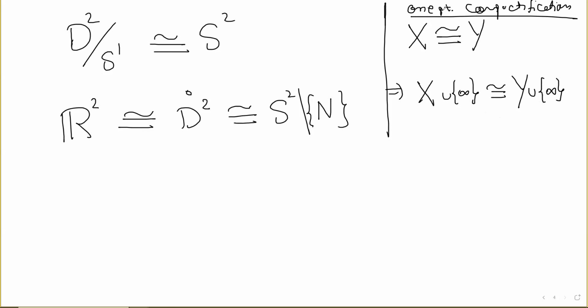Okay, so X and Y are locally compact Hausdorff spaces, but then you should tell us what the one point compactification is. Right, I think that definition is fine, and it is unique up to homeomorphism.